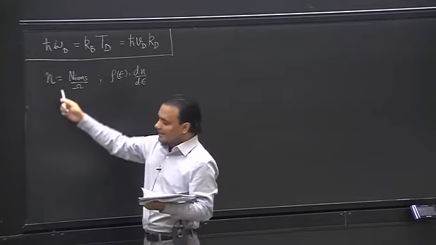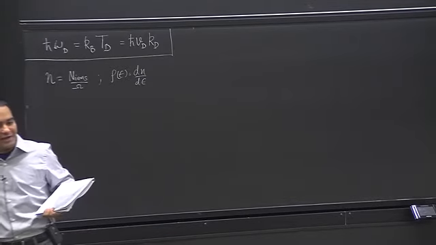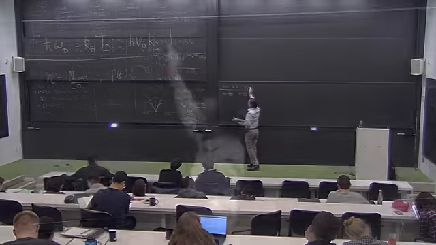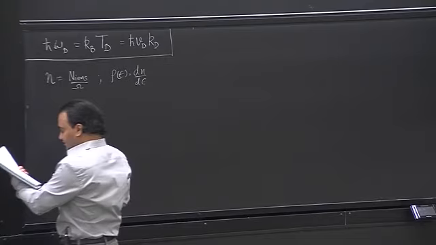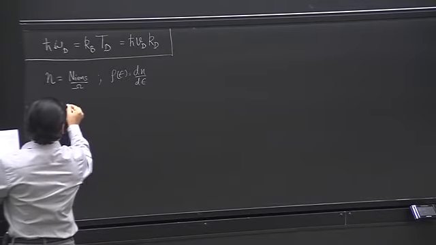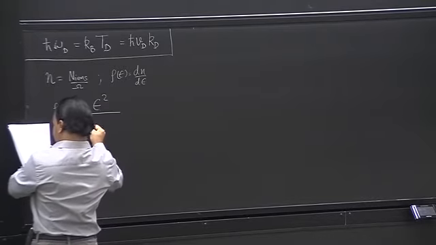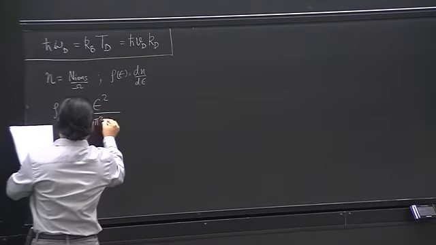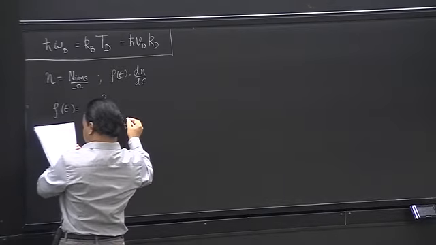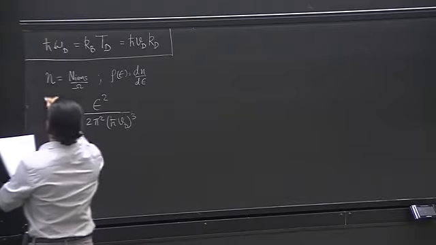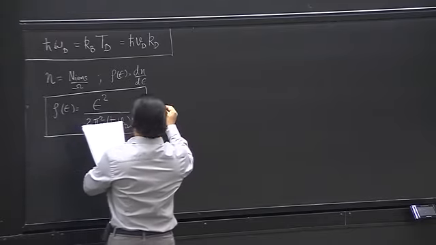The total number of ions can be written in terms of kD, and h bar vD kD can be written as energy, and then you can calculate this derivative. You will find that the density of states is epsilon squared over 2 pi squared h bar Debye velocity cubed.